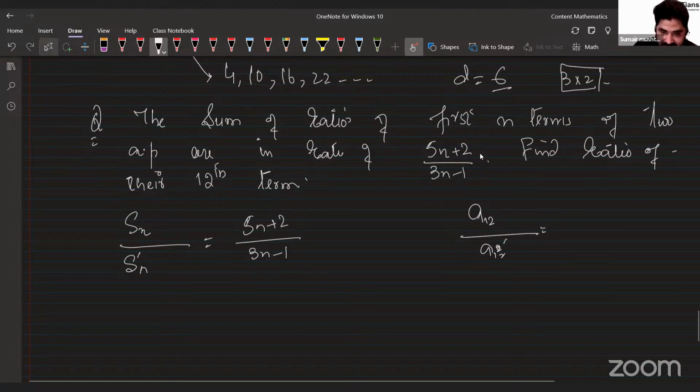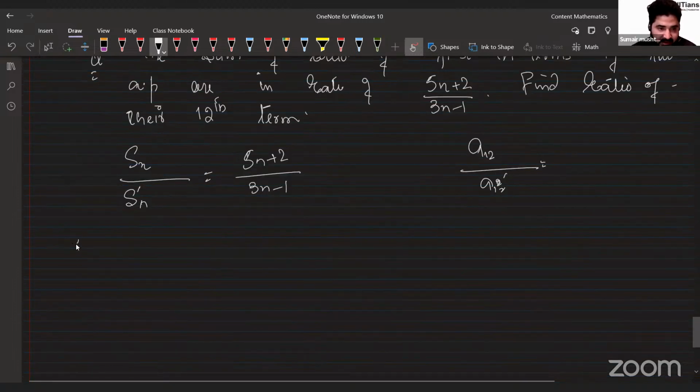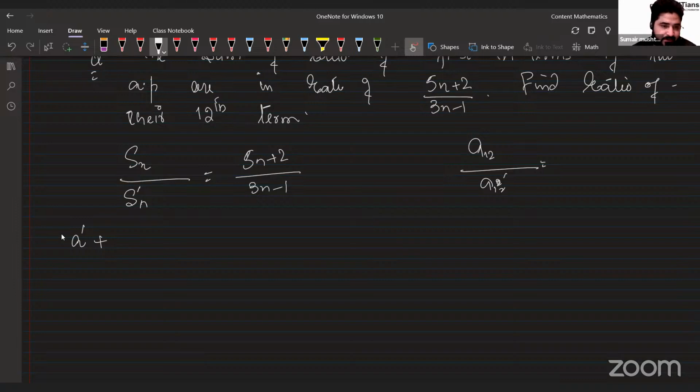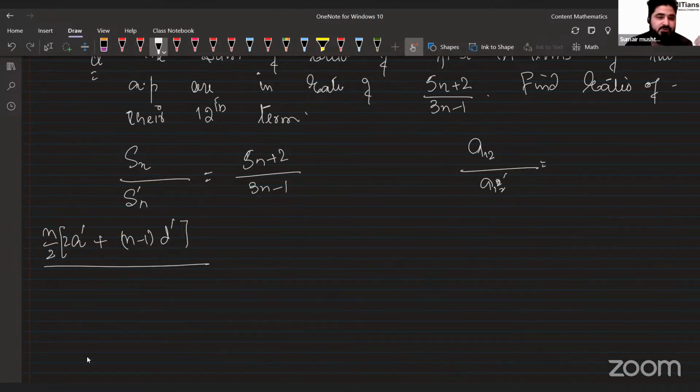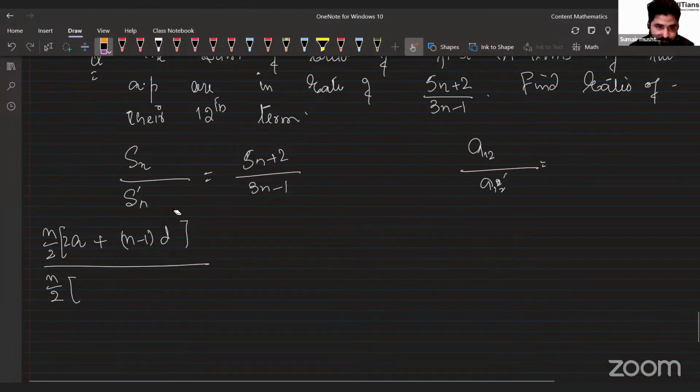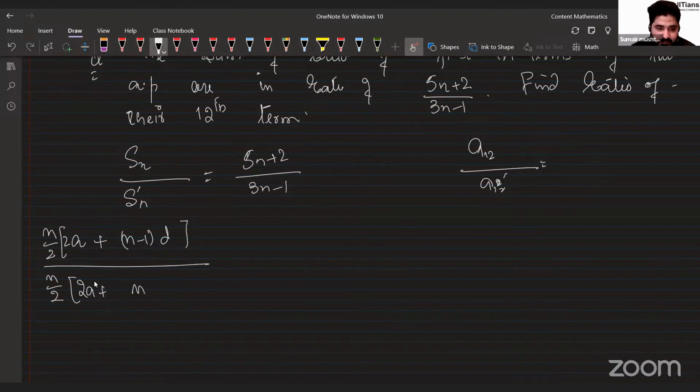This Sn can be written as n by 2 times 2a plus n minus 1 d, and for the other AP, n by 2 times 2a dash plus n minus 1 d dash, because a and d are different, but n is the same.